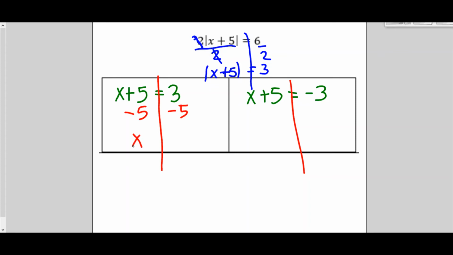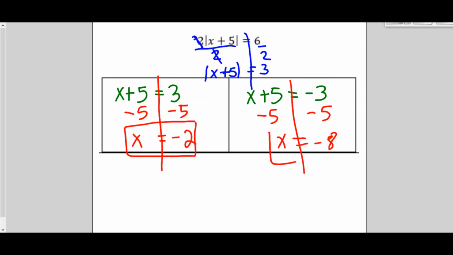This gets me x equals negative 2. And then I'm going to do the same thing to the other equation. So subtract 5. So x equals negative 8. So those are the two solutions for this absolute value equation.